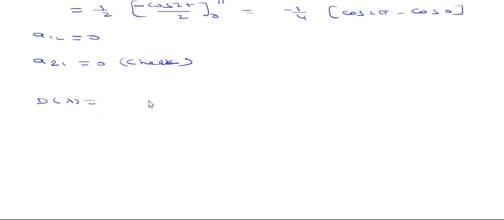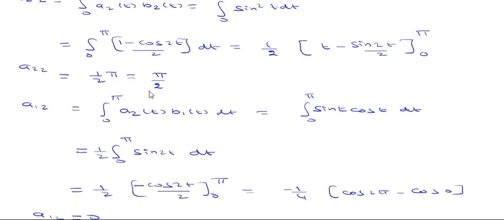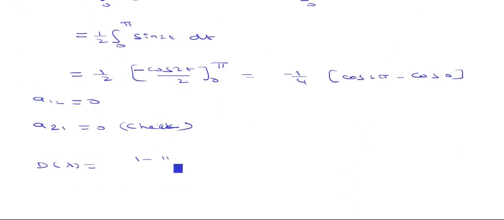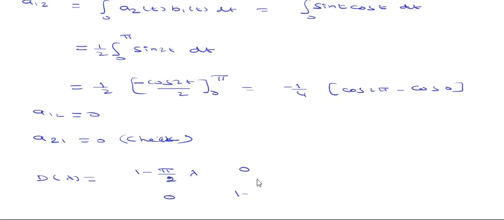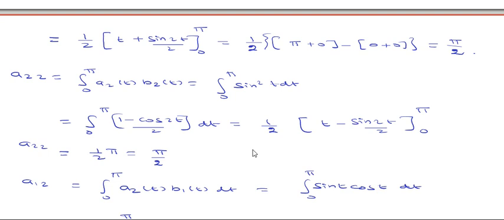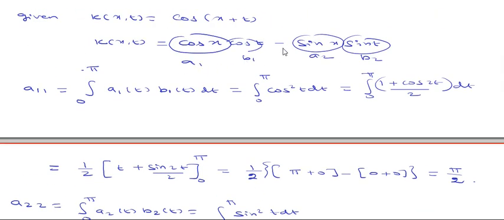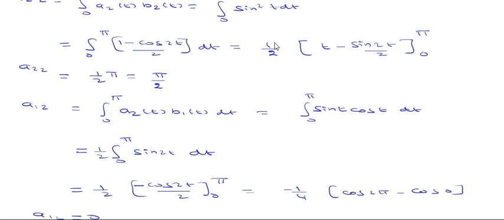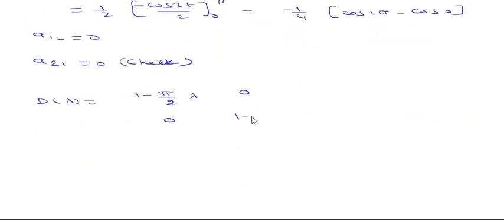Now D(lambda) is equal to 1 minus a11 lambda, where a11 is pi by 2 and a22 is also pi by 2, so 1 minus pi by 2 lambda, and a12 and a21 are 0. For the other entry, a22 carries a negative sign because of the minus in the kernel, minus sin squared t, and minus times minus gives plus, so this will be 1 plus pi by 2 lambda.